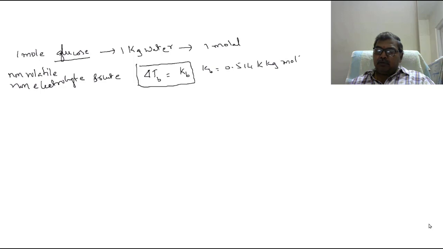Therefore, Tb minus Tb naught is equal to 0.514. So, the boiling point of the solution is Tb naught plus 0.514, so it is 100.514 degrees Celsius.